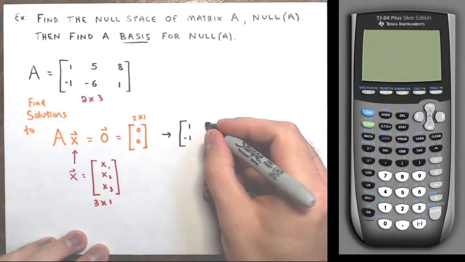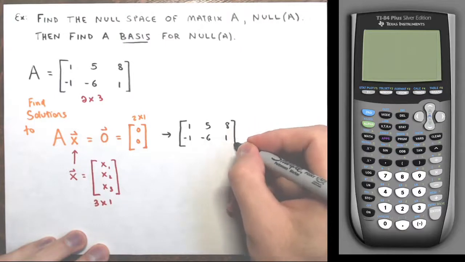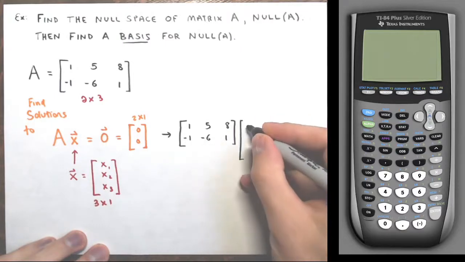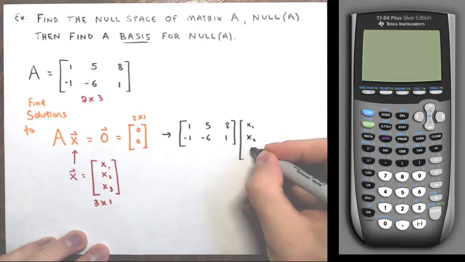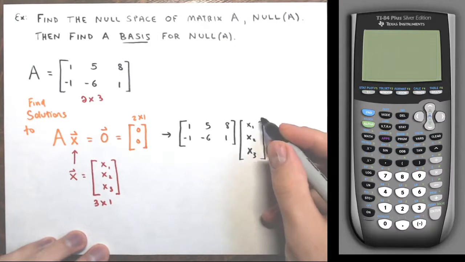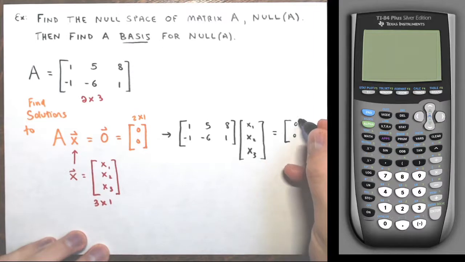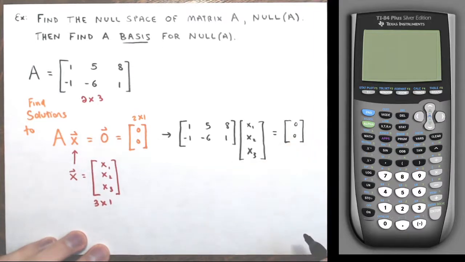So here's matrix A multiplied by these vectors x, and we want to find all the values of x1, x2, and x3, all these vectors x, such that this is equal to the 0 vector, which is again the 0 vector in R2, a 2 by 1. If you're seeing null space now, there's a good chance you've seen systems of linear equations before.